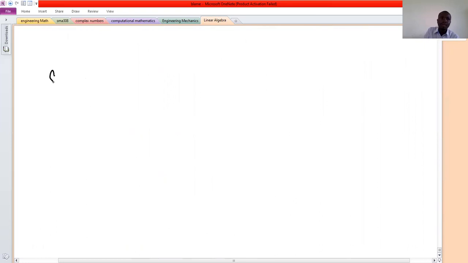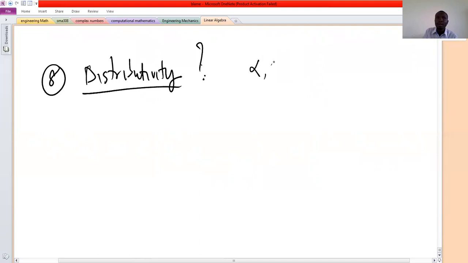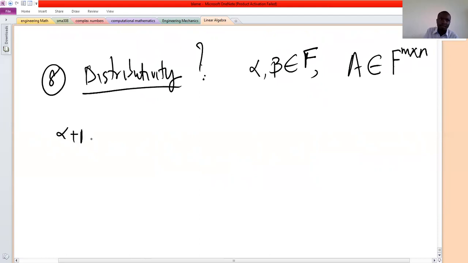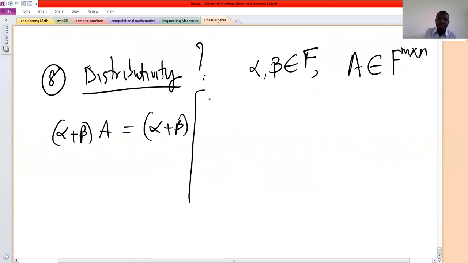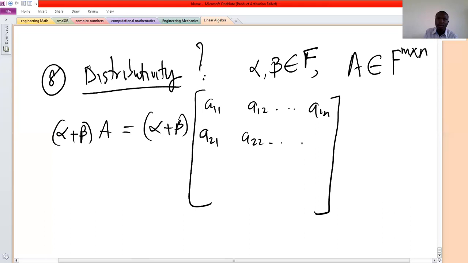Last distributivity, number 8. If I have alpha and beta as elements in the field, and then I have a matrix A of order m by n, then alpha plus beta times A is alpha plus beta into a11, a12, up to a1n, a21, a22, up to a2n, am1, am2, up to amn.